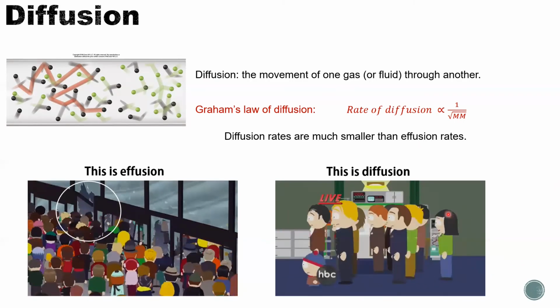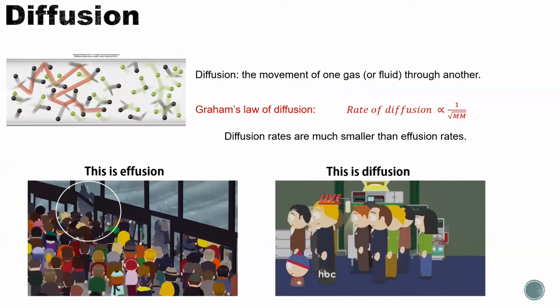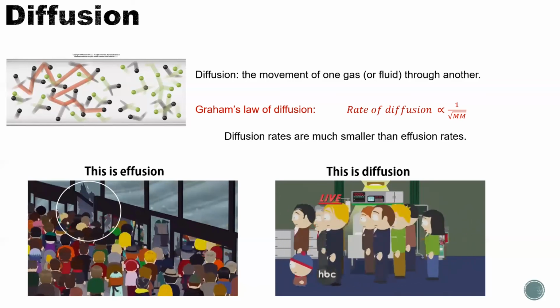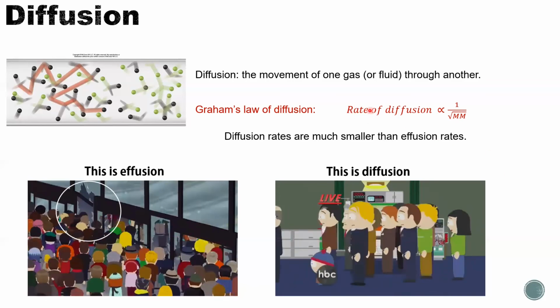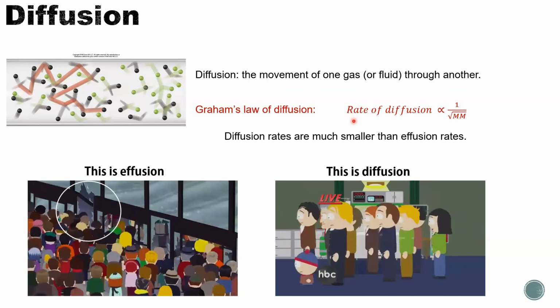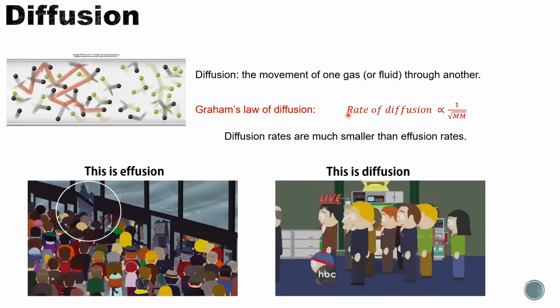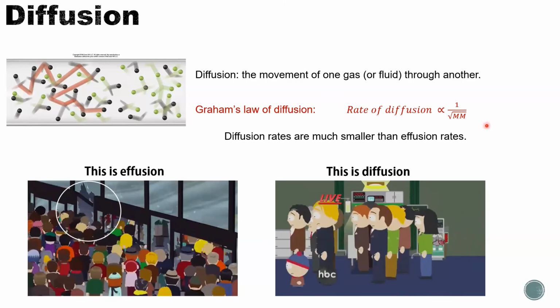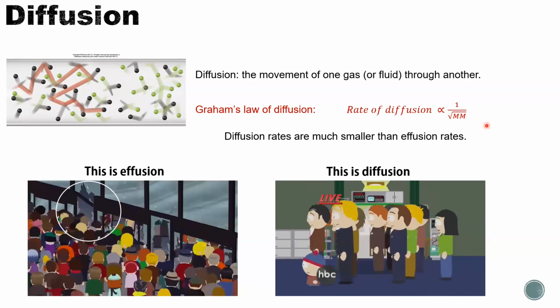That's diffusion. The diffusion rate is slower than the effusion rate. For these two concepts, you are expected to know the proportion of the two rates, diffusion or effusion rates, versus molar mass. Then we can solve a problem about timing.